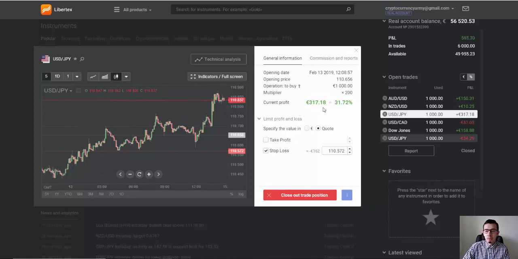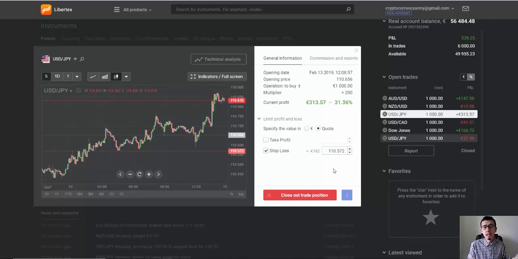As you can see, I placed my trade at 8 past 12, this was the open price, and right here is my stop loss level at 110.572. Some people are asking me what the best stop loss levels are when you're trading. Well, if you are a more experienced trader, then you can set your stop loss levels simply by looking at the next strong support or resistance levels.